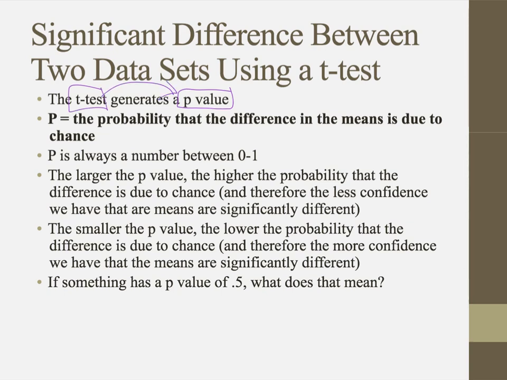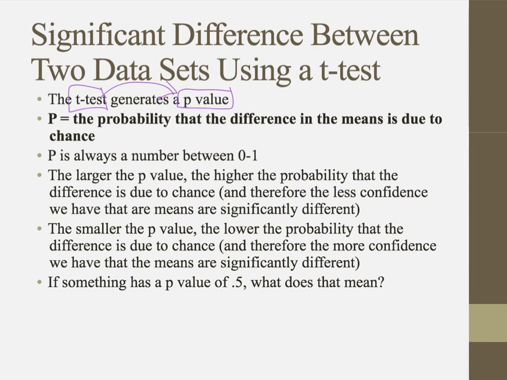And p stands for probability. It's the probability that any difference in the means is only due to chance. So if p is very close to 1, if p is a high number, that means that there's a high probability that any difference in those means is solely due to chance, okay, and not to some actual systematic difference.